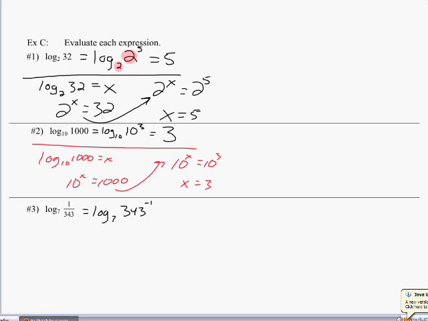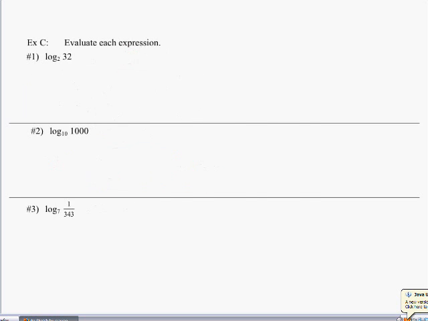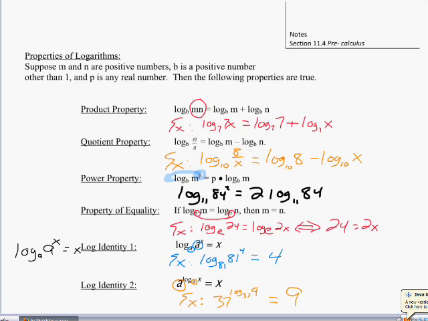Now, please understand once again there are multiple ways to finish this problem. If you go back to page 2, well, it's page 2 for me. It's the second thing on your notes for you. And you look at the power property. Power property says if you have an exponent for your argument, you're allowed to move that out to the front.